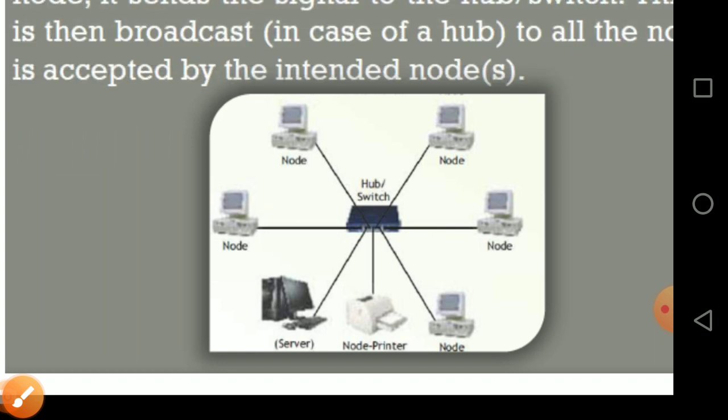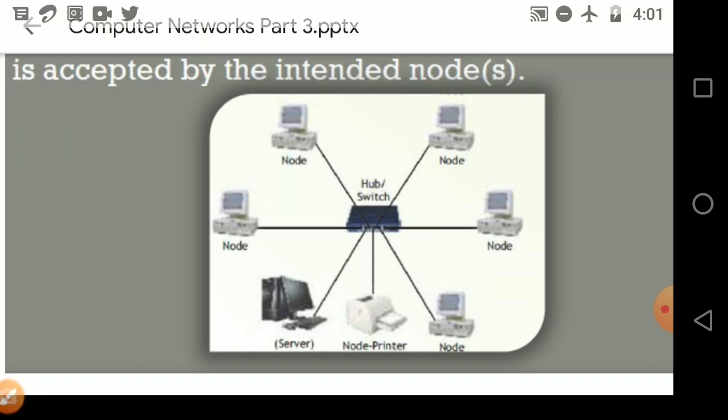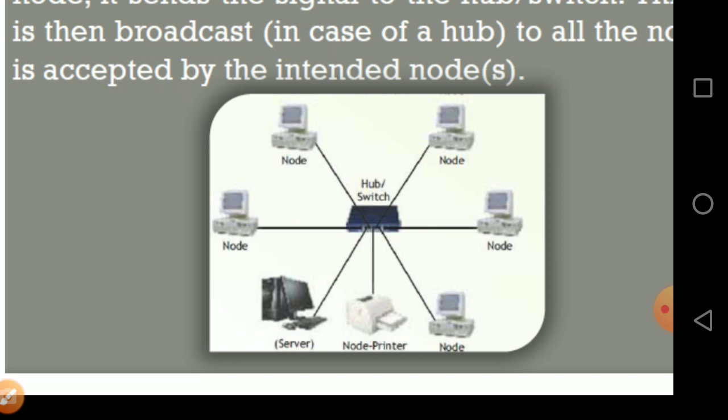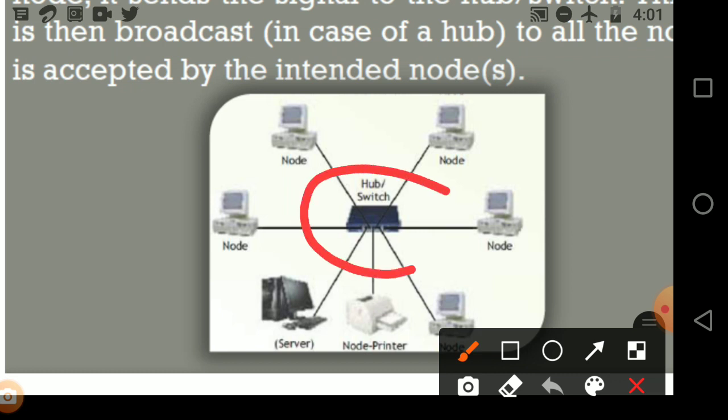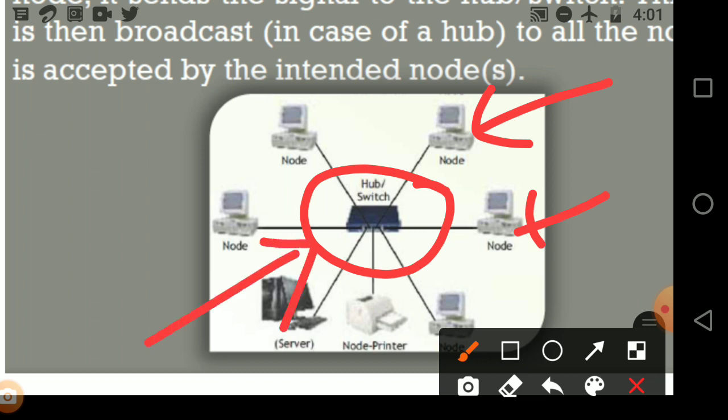Coming to the star topology, a pictorial representation is given here. In the star topology, as you can see, there is a central node. Here it is a switch or a hub, and all these nodes are connected to the central device, that is a hub or a switch.